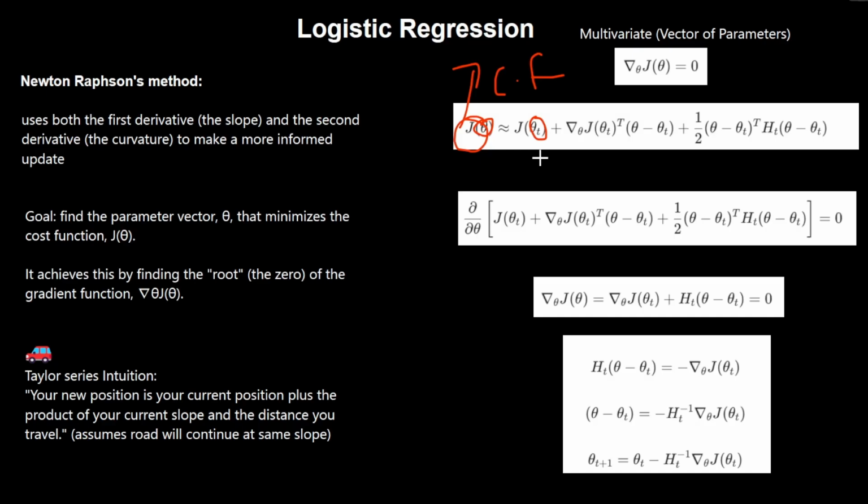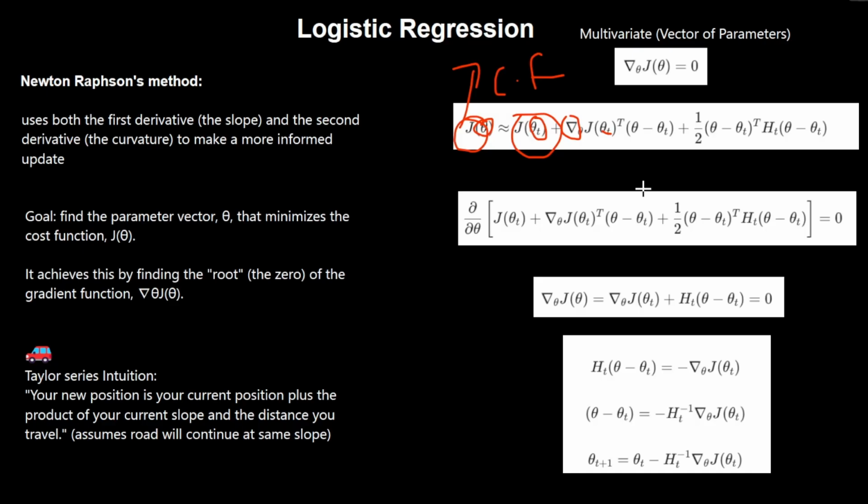The next one is the cost function at the current parameter vector. This is also constant. Similarly, the gradient vector, if we take the partial derivatives, are all evaluated at our known point. This point is known from the previous iteration, so we can also calculate this value. So this is also constant.